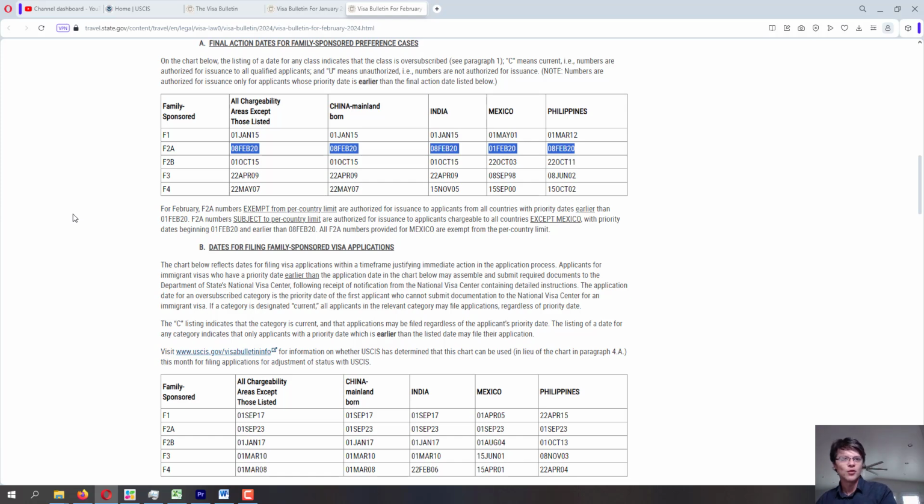Now, why is it a good movement? Because it's moving forward. When you see the movement forward, it's great news. If it's not moving, not very good news, but really not bad news either. Because the bad news is when it's moving backwards, when it is retrogressing, because it means that the backlog is significantly accumulating. Normally what you would want to expect, what would be considered a more or less stable movement, is 1 month each month.